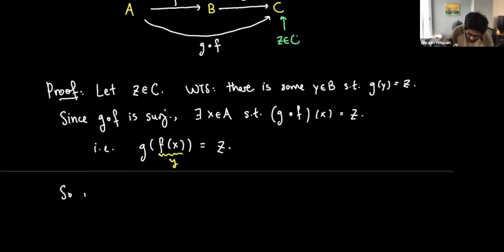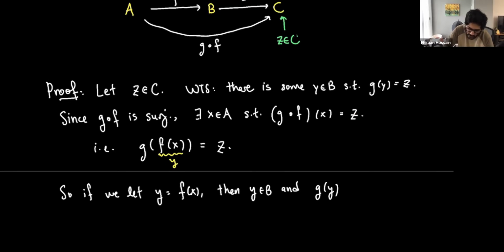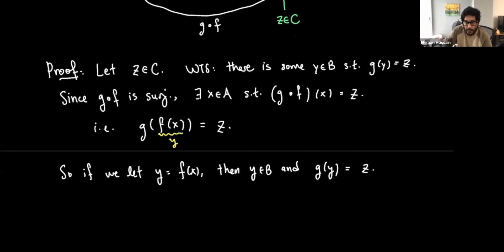So if we let Y be F(X), then Y is an element of B, and G(Y) is G(F(X)), which is Z, as required. And that's QED. So that's the proof.